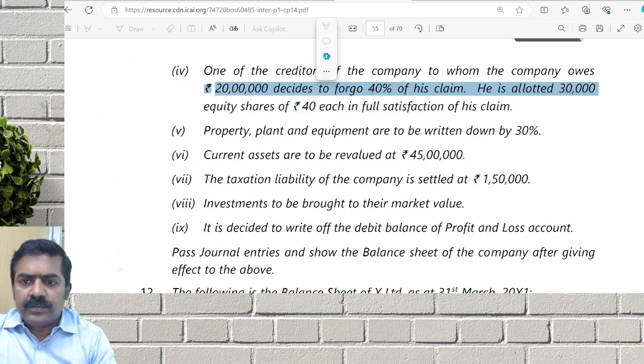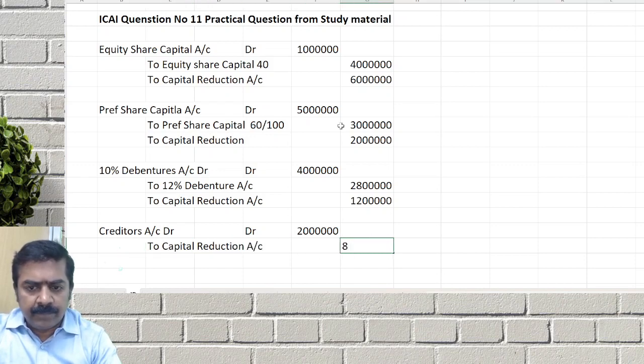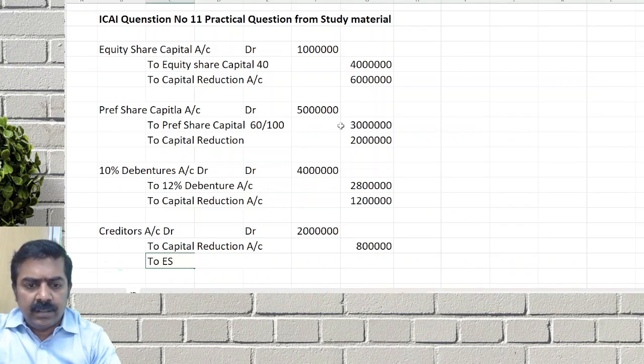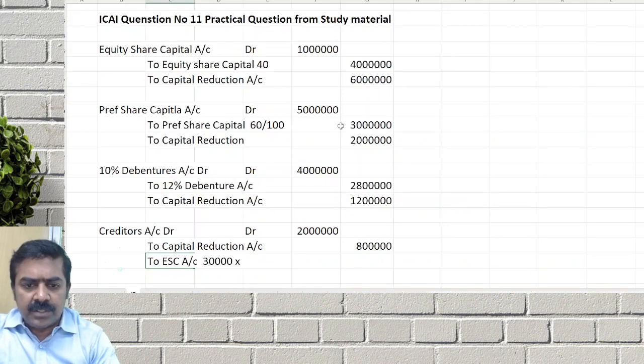They forego 40%. How much? But then what we are giving? Equity share capital account எவ்வளவு shares தரும்? 30,000 shares of 40 each. Now it will become what? 12 lakhs. They are settled.